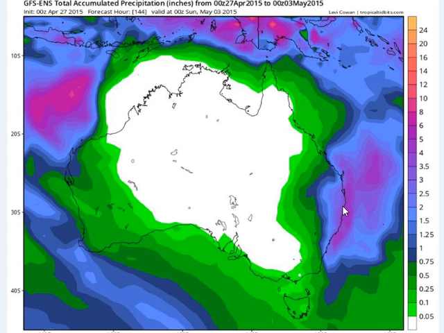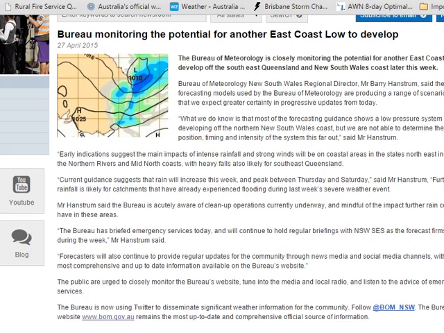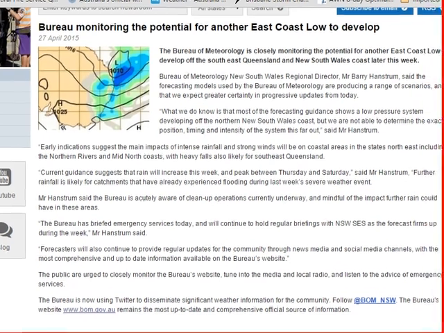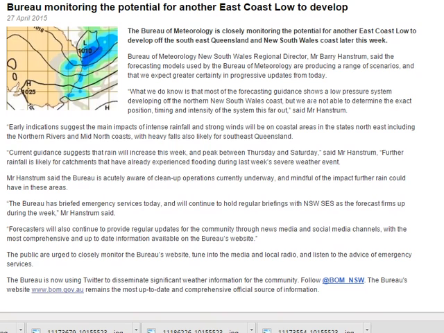It is a fair way out, and the New South Wales BOM have issued a media release, and they acknowledge the system and that they're monitoring it. There's a degree of uncertainty at the moment, but they are going for intense rainfall and strong winds in the northeast, including Northern Rivers, mid-north coast, and heavy falls likely for southeast Queensland.